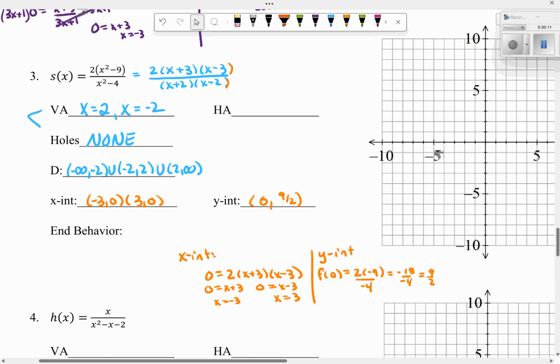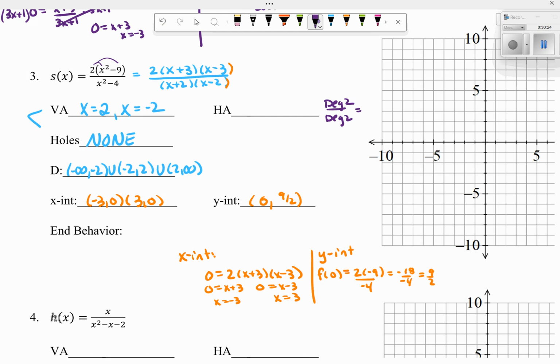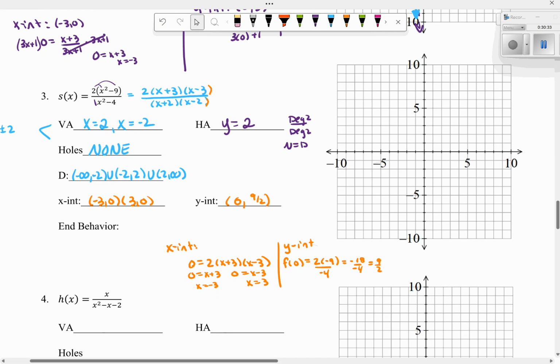So then the horizontal asymptote, the degree of the numerator, if you were to multiply this by distributing in, you would get 2x squared minus 9 for standard form. So the degree of the numerator is 2 over degree 2. This means that the numerator degree equals the denominator degree. So we're going to look at the ratio of leading coefficients. This is 2 over 1. So y equals 2 for the horizontal asymptote.